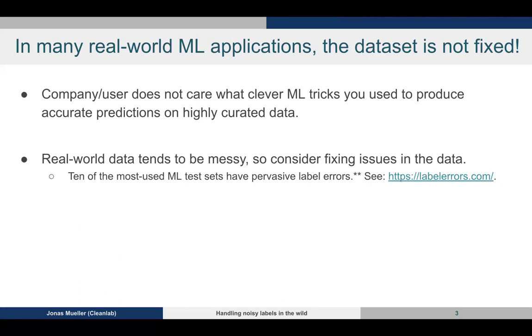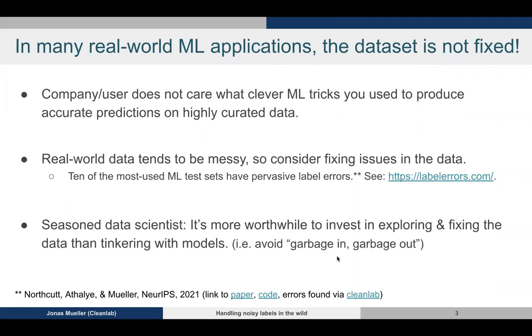And in the real world industry use cases, this situation is just much worse, right? Because not thousands of people have studied the data that is used in most industry use cases. And you can check out our website, labelerrors.com, and just browse through a lot of the incorrect annotations and labels that we found in some of these very famous benchmark ML datasets. And you can also check out our paper down here, which summarizes that work.